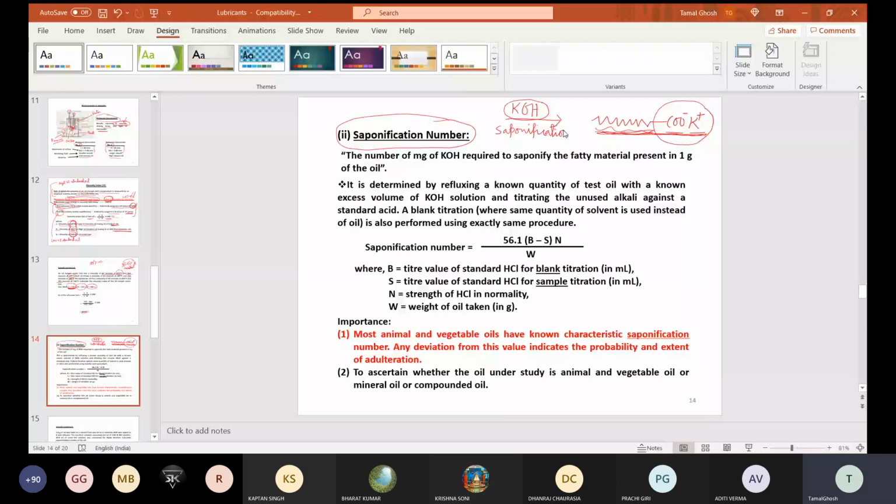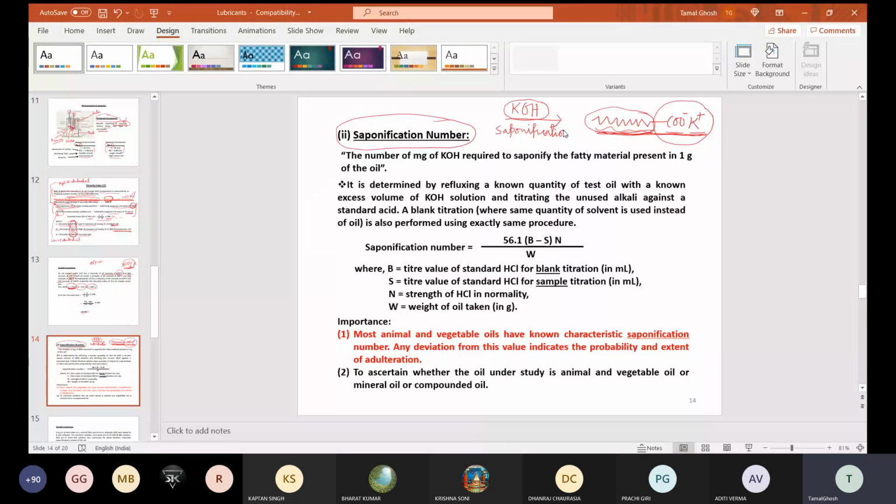Here I have not written anything about the carbon chain, whether it is C12 or C14, but remember this part is the carbon-carbon chain. This part is a long chain, carbon 12, carbon 14, carbon 16.